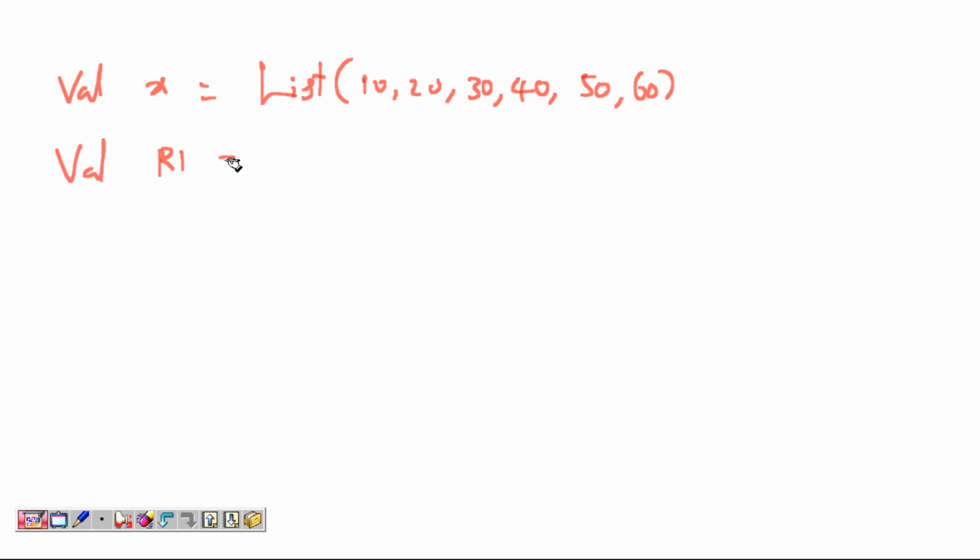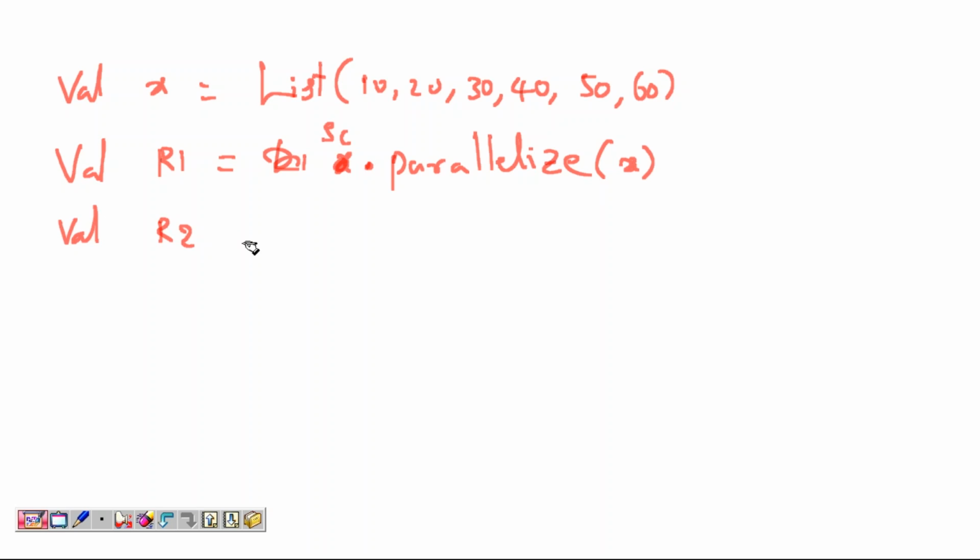Let's say R1 is equal to x dot parallelize. Previously x is local, now I am going to parallelize. That means the return type is RDD. Sorry, here don't say x, sc, right? sc dot parallelize of x.